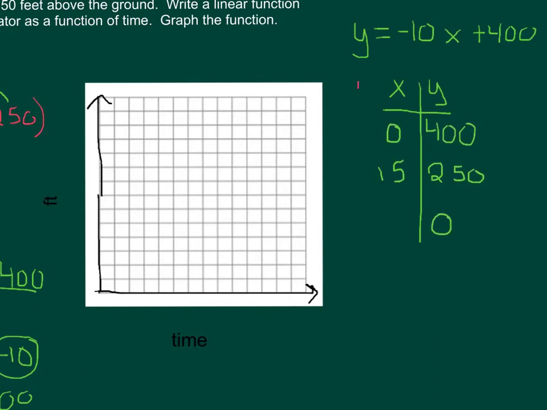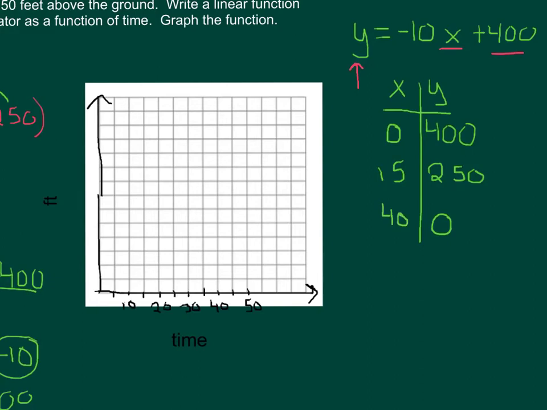In other words, if you plug in 0 for y, what value of x would give you 0? Well, 400 plus negative 400 would give you 0. And to get negative 400, you'd have to multiply by 40. So at 40 seconds, you are at 0 feet.